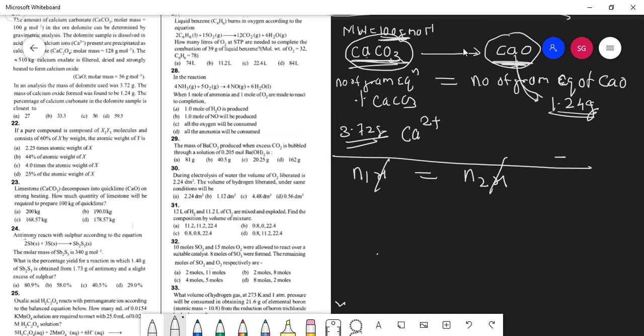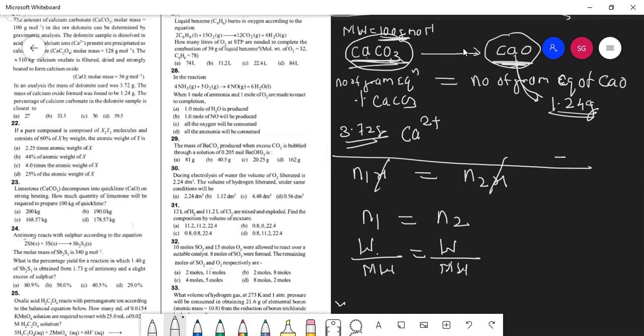Yes, sir. So directly you say the number of moles of this will be equal to the number of moles of this. Finished. The question is so big, and the number of moles you know how to find: weight upon molecular weight. N2 also is weight upon molecular weight.